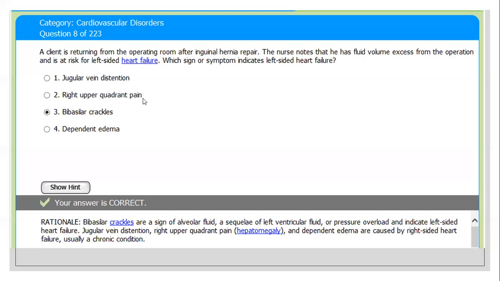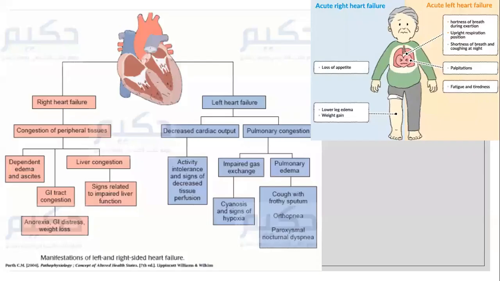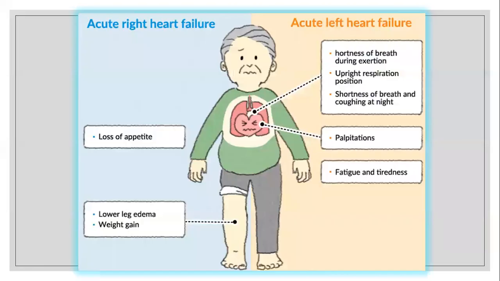Regarding heart failure, I said the common terminology is heart failure, but we can categorize it as left side heart failure and right side heart failure. Heart failure is also known as congestive heart failure or congestive cardiac failure.